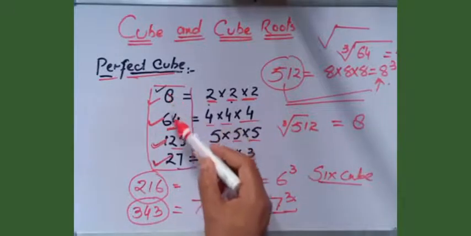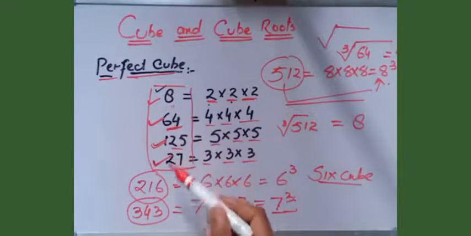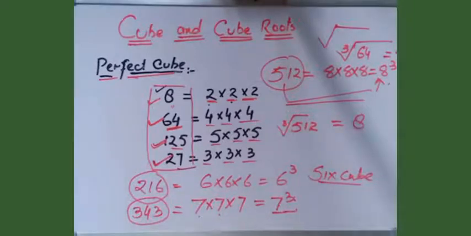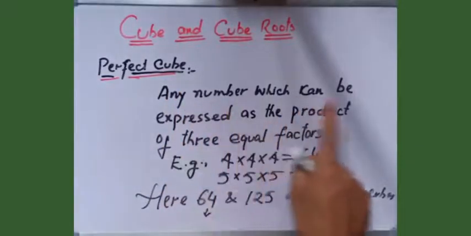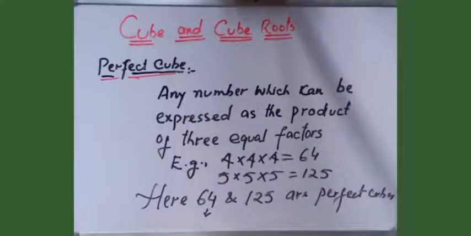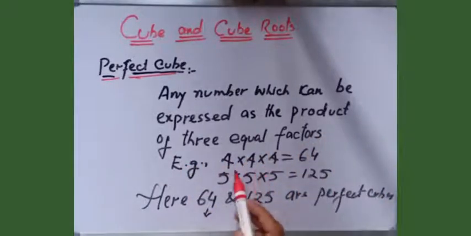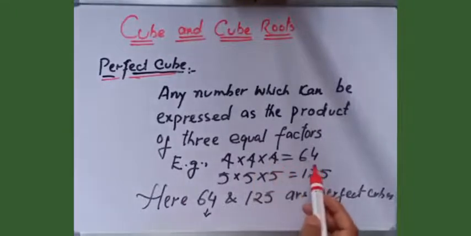Okay, so all these numbers are perfect cubes. So what is a perfect cube? A perfect cube is any number which can be expressed as the product of 3 equal factors. For example, 4 into 4 into 4 is 64. 5 into 5 into 5 is equal to 125.